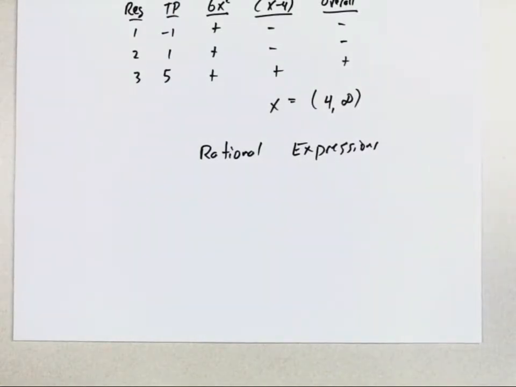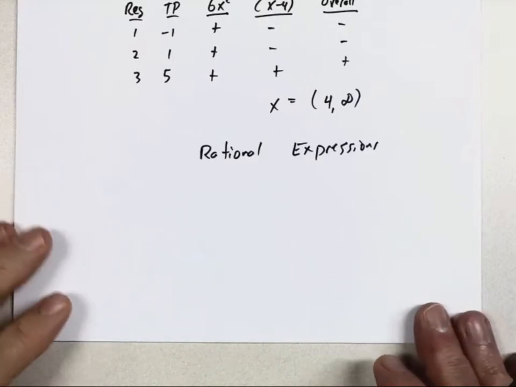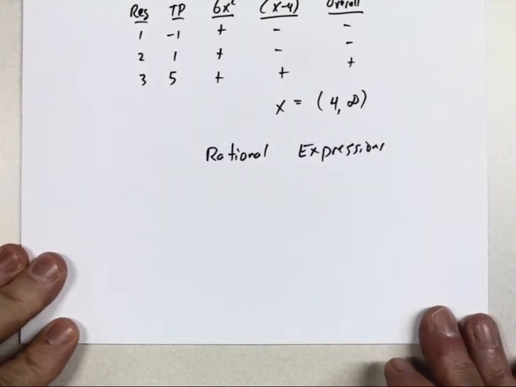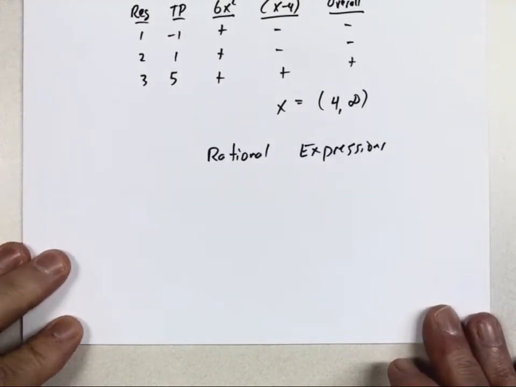Now the good thing is, the way we're going to solve these kinds of problems is very similar to what we've just done, with maybe one other thing we have to account for.